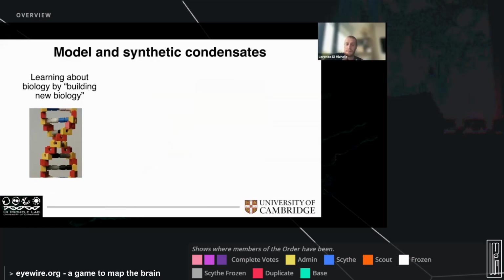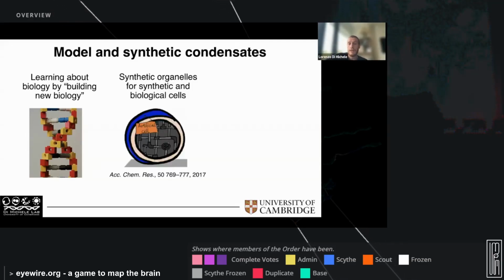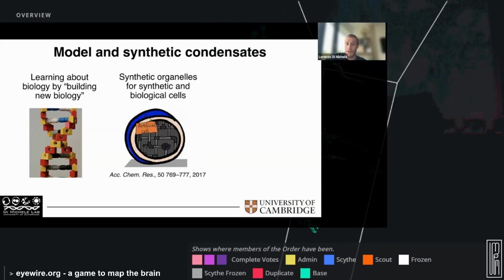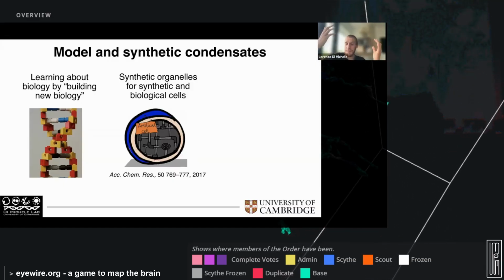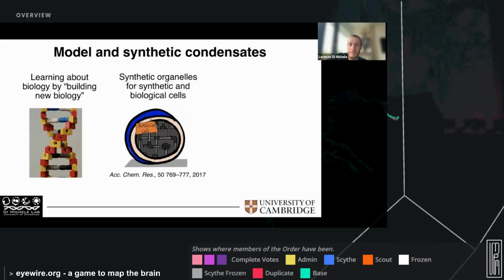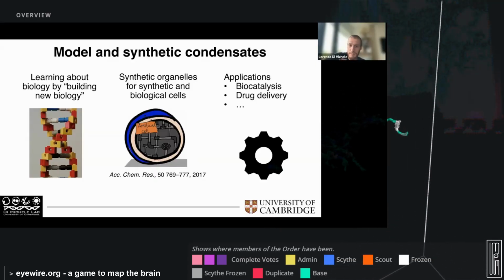So if you can create synthetic versions of these droplets, you can learn about the biological ones, ask interesting biophysical questions. Perhaps the greatest focus that we have is about using these in the context of synthetic biology, so engineering synthetic cells, which I don't need to expand on for this audience, but also creating synthetic organelles within a living cell. So say a hybrid top-down bottom-up approach to synthetic biology.